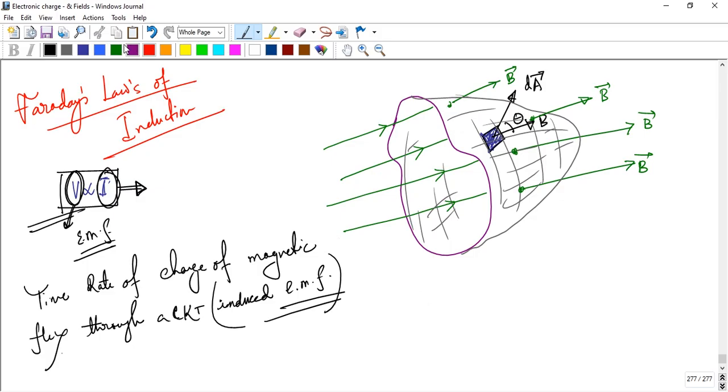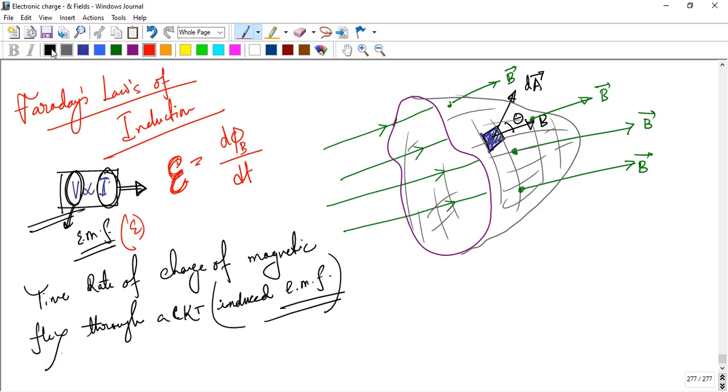So Faraday shows that the induced EMF, epsilon, is the time rate of change of magnetic flux, that is d phi B by dt, and there is a minus sign.